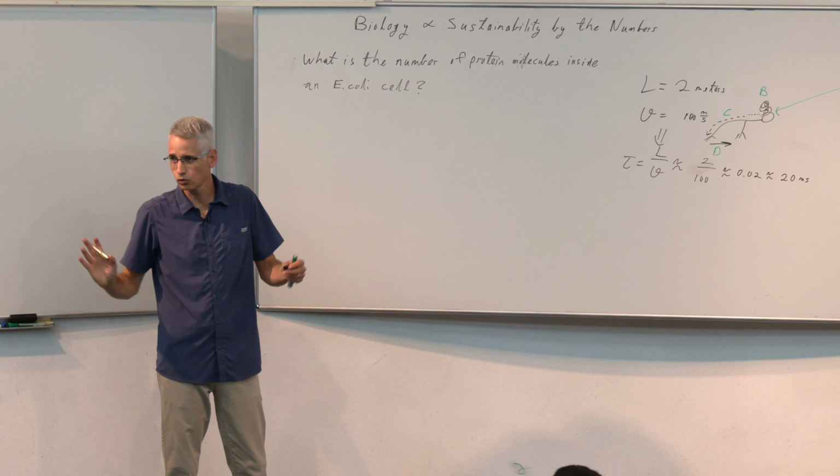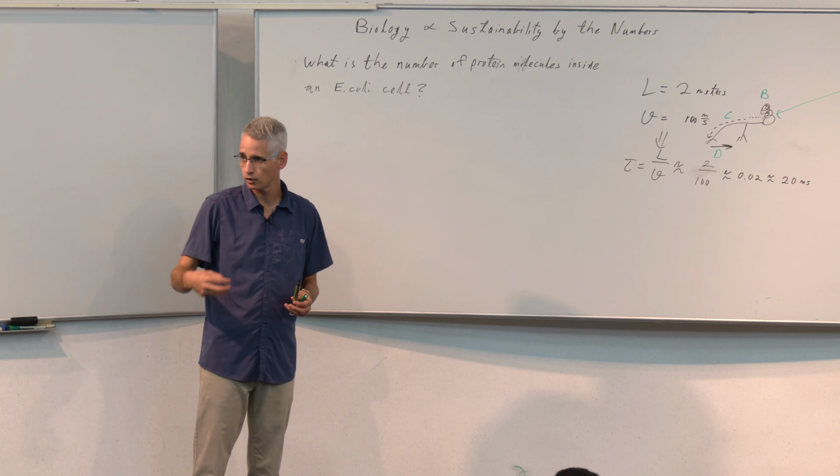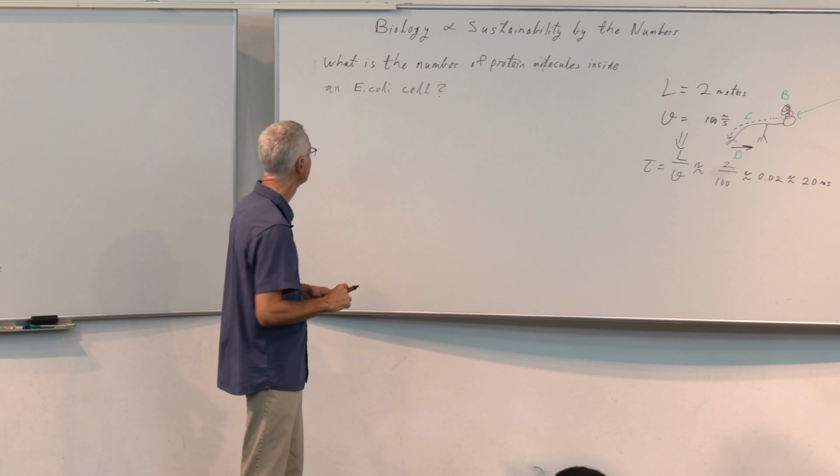E. coli cells, for those who don't know them, are these nice model organisms, bacteria, used to live in our gut and now living in labs all around the world.